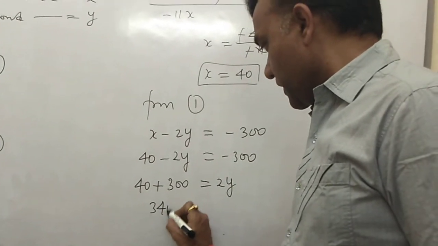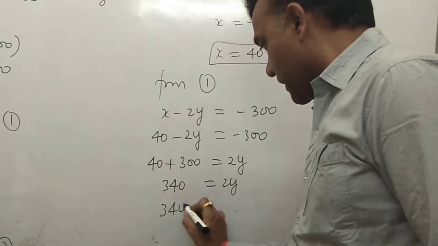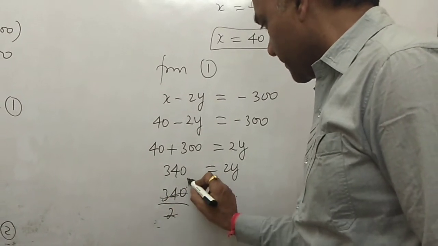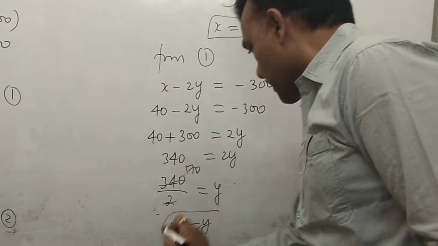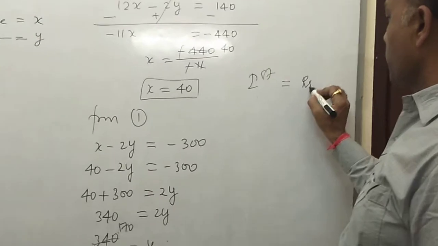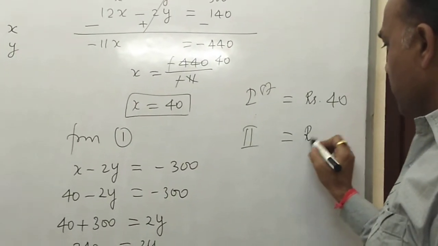Okay, so 340 equal to 2y, and now 340 by 2 equals y. After cancellation you have 170 equal to y. Okay, so the first one has 40 rupees and the second has 170.